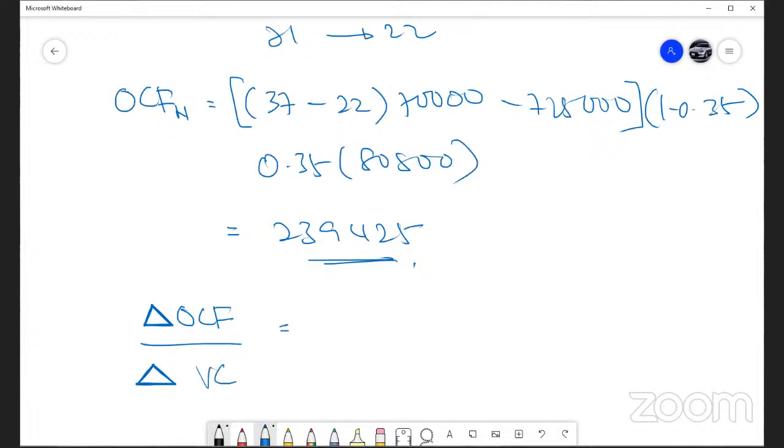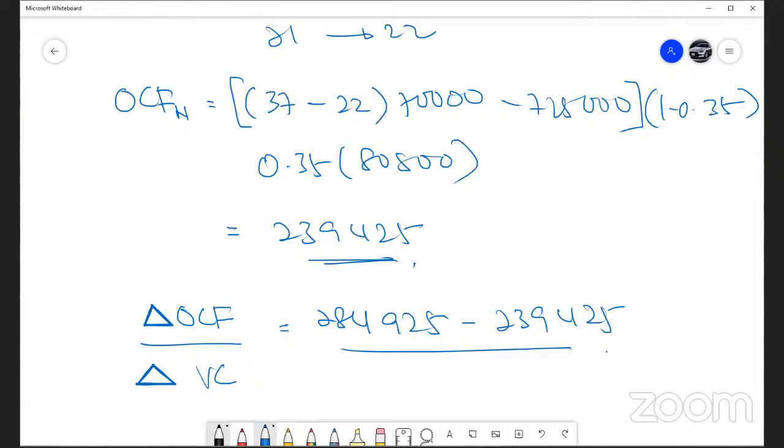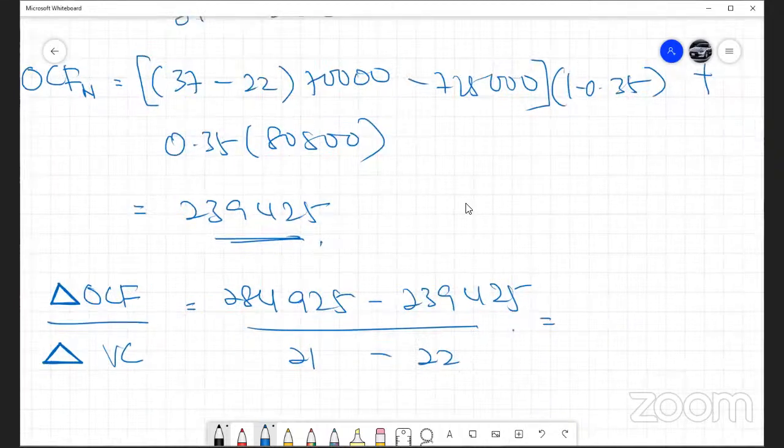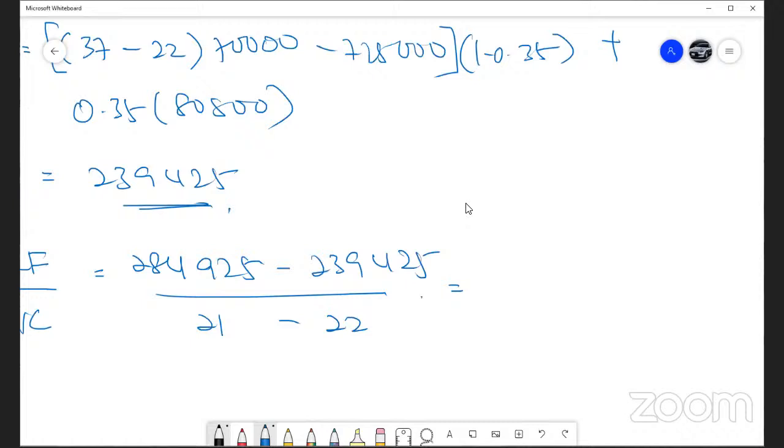The old OCF is 284,925 minus 239,425, divided by the old variable cost of 21 minus the new one of 22. On top here you get 45,500, and here it's -1.